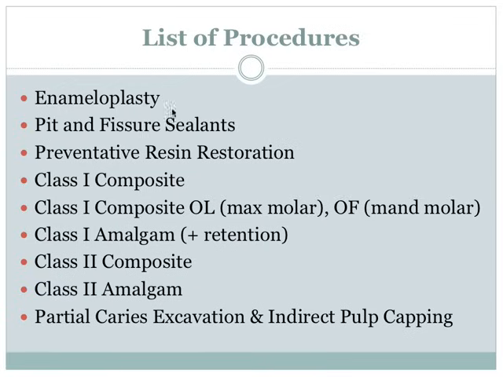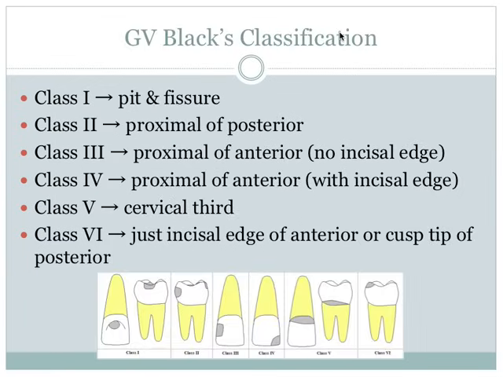Have enameloplasty, sealants, preventive resin restorations, class 1 and 2 composite and amalgam restorations, partial caries excavation and indirect pulp capping. These are just a few of the procedures that I'll be talking about probably in part 2 of this video series. So first, let's talk about some basics.